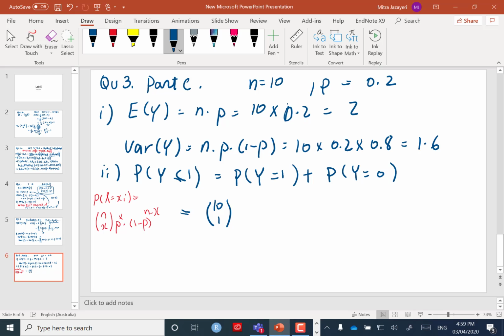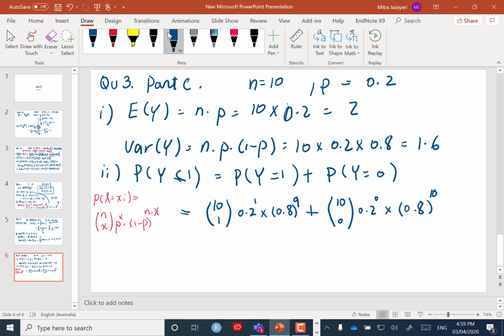the probability of Y equal to 0: n is 10, choose 0, probability of success to the power of 0, times probability of failure to the power 10 minus 0, which is 10. Now we know that n choose x is n factorial over x factorial times n minus x factorial.